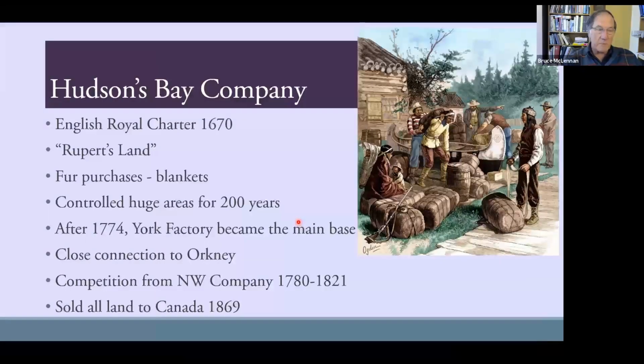Hudson Bay Company, just briefly, let's talk about that because this is a chance. And don't forget, there was a big connection. If you go to Orkney, I suggest you go slightly to the west of Kirkwall, and you'll see all this stuff about how they had such a huge connection with Hudson Bay Company. It's a really good thing to do if you're traveling in that part of the world.